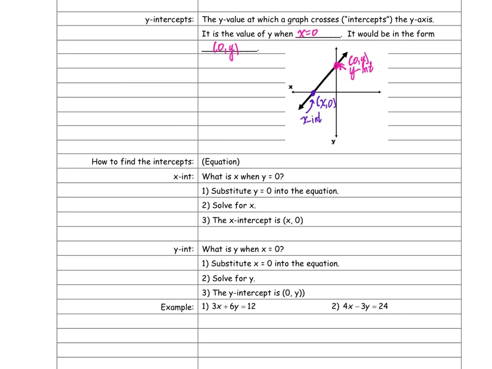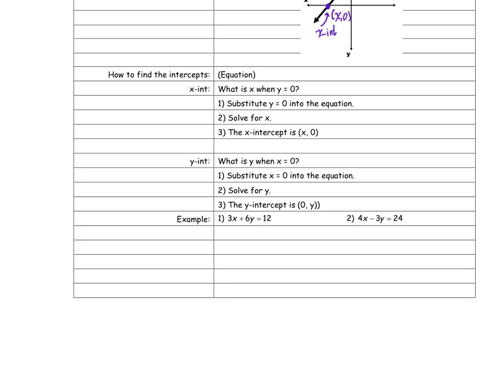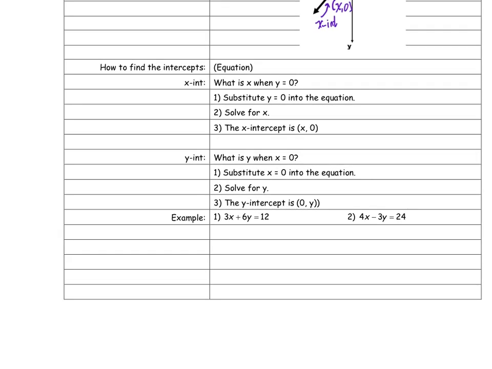So I have some step-by-steps here for you. And it says how to find the intercepts if I'm given an equation. So the x-intercept is what is x when y equals 0? That still hasn't changed. That's still the question. So step 1, I'm going to substitute y equals 0 into an equation.